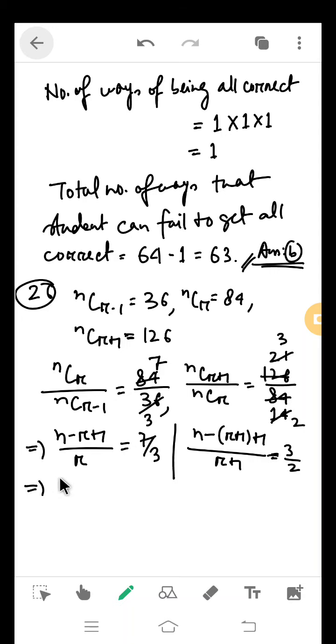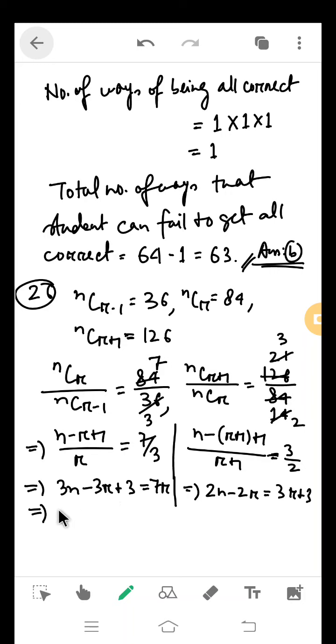So now you need n, so you have to eliminate r. So what to do? If you take it, 3n minus 3r plus 3 equal to 7r. Similarly, in the right side, it is minus 1 plus 1 cancel, so n minus r only. So 2n minus 2r equal to 3r plus 3. तो एक काम करते हैं हम लोग r को एलिमिनेट करते हैं.